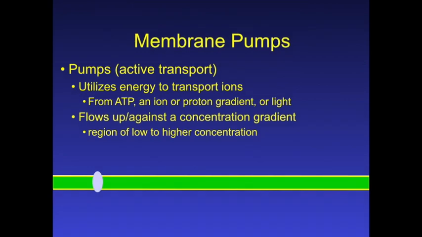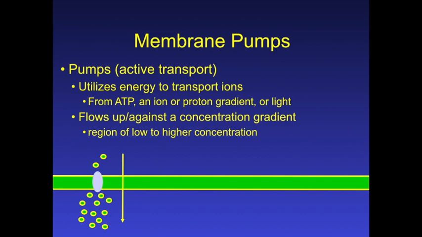A pump works differently in that there has to be some sort of energy put into the system. Most of the energy comes from ATP. What we're doing is taking a low concentration to a high concentration, moving it against the gradient. ATP is not the only power source. I can use an ion or proton gradient as the power source. I can even use light as a power source.